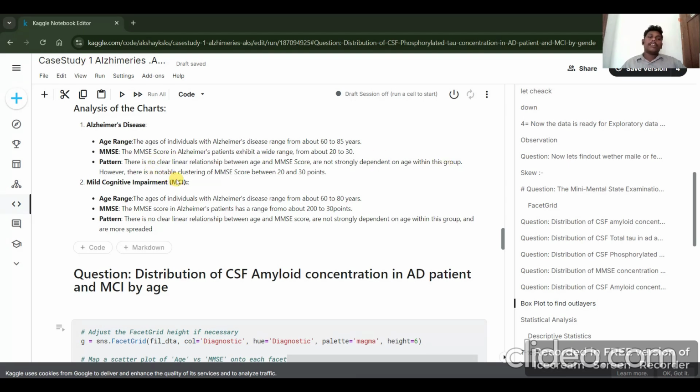However, there is a notable clustering of MMSE scores at 20-30 points.